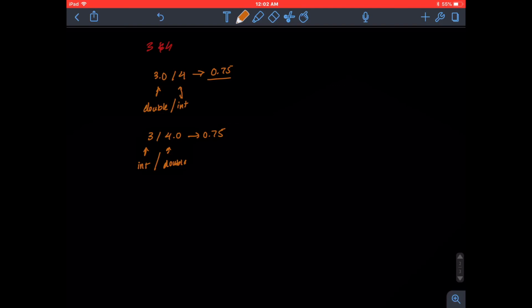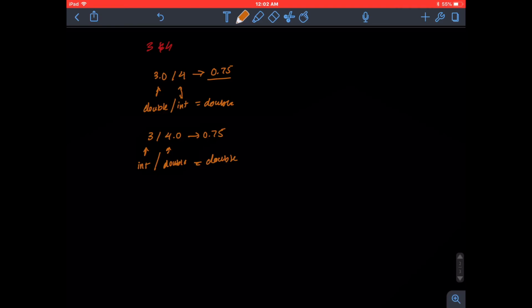Because double, again, takes precedence over the int, and remember how double values can also technically hold whole numbers? Well, the same thing over here. That's why an int or a whole number divided by a decimal number can equal a decimal number. All right? So double divided by an int equals a double. Int divided by a double also equals a double.